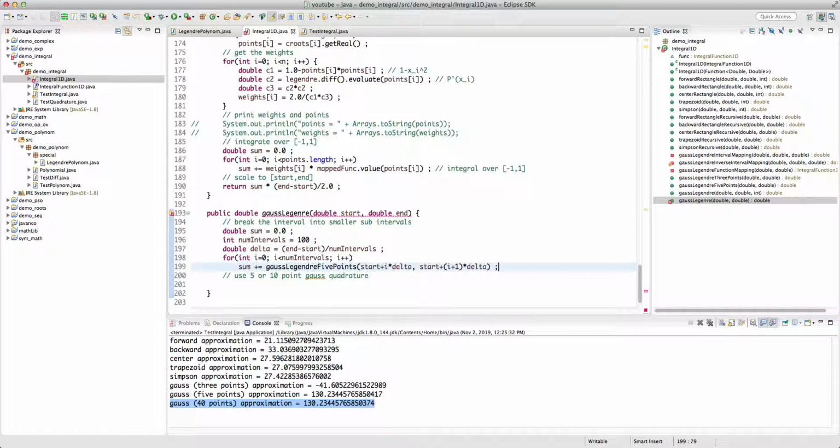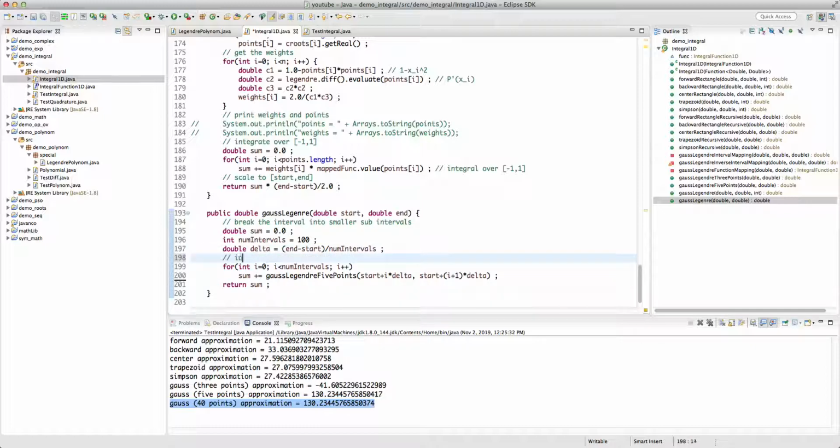Okay, and then I return the sum. So I'm doing the same routine, dividing into sub intervals, but in each sub interval I'm calling the 5 point Gauss quad instead of Simpson or trapezoid.